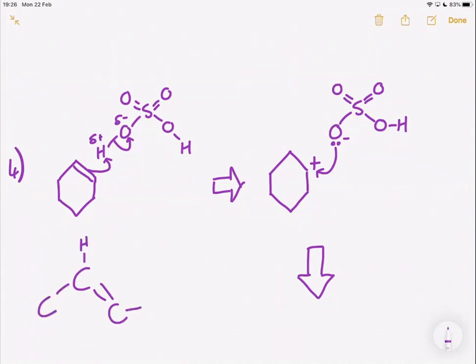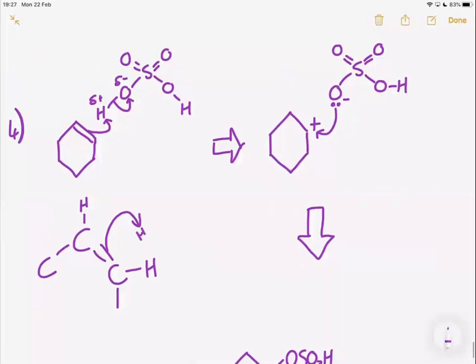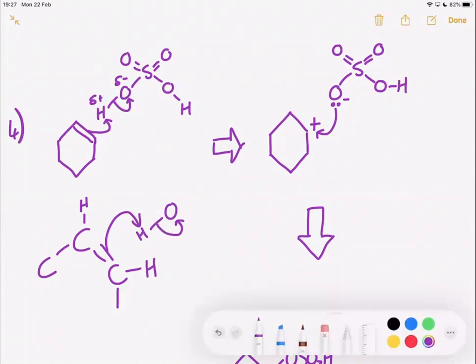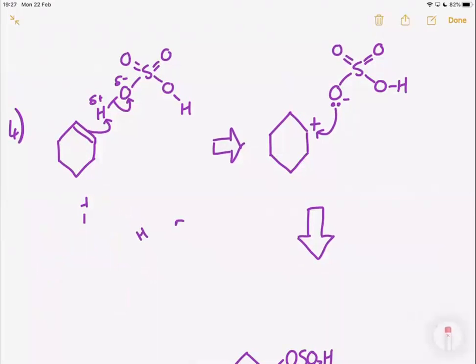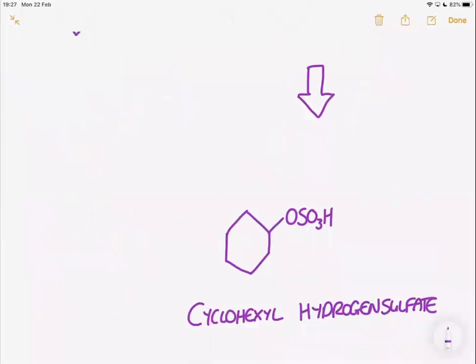I'm not going to draw the entire thing, but this end of it, apologies, would look something like that. You then have the carbocation that's formed. It doesn't really matter where you've put that plus in this case, but it's the same kind of idea. And the product this time, if you had a go at naming, is cyclohexyl hydrogen sulfate, which is a bit of a mouthful, but it's using the same logic of naming that we've used so far.